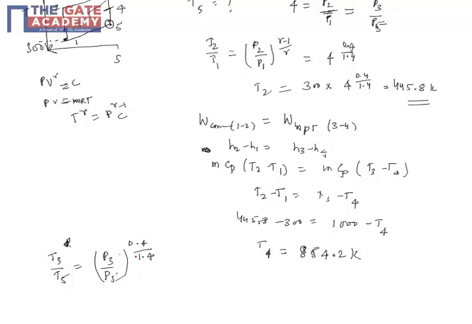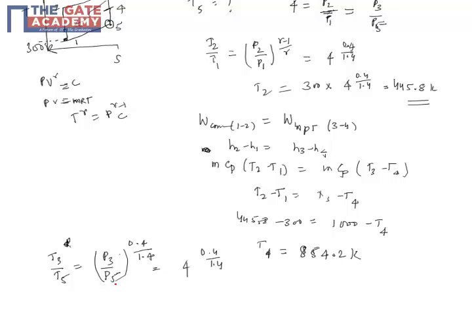Yeah, we know that P3 by P5 is 4, and T3 is something which we know here. In fact, you need not do all this. T3 by T5 you can apply.